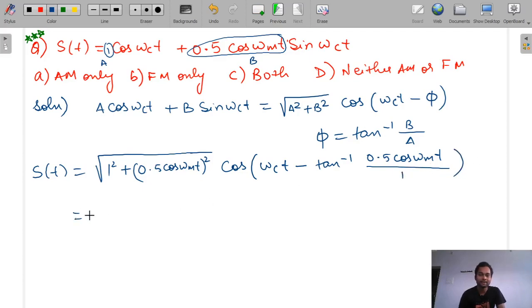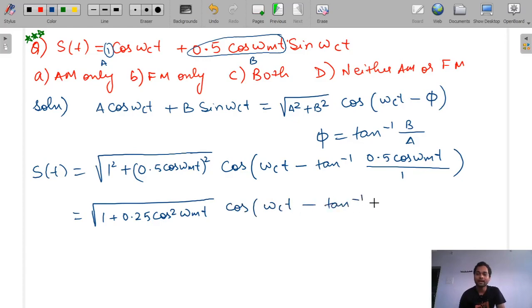So I will write it again. This will be under root of (1 plus 0.25 cos squared omega_m t) into cos(omega_c t minus tan inverse of 0.5 cos omega_m t).